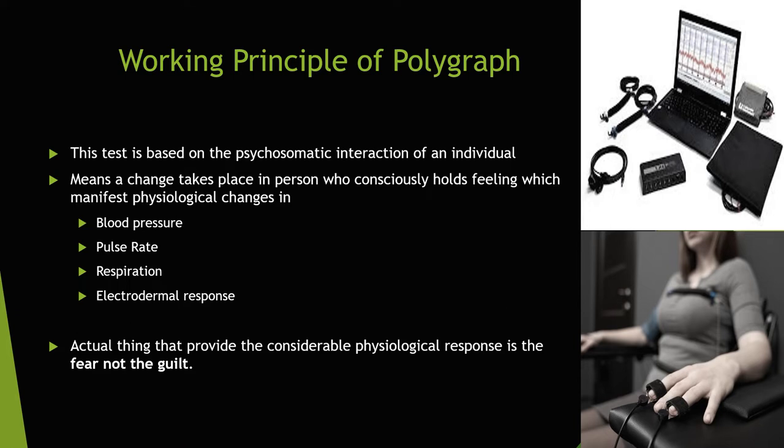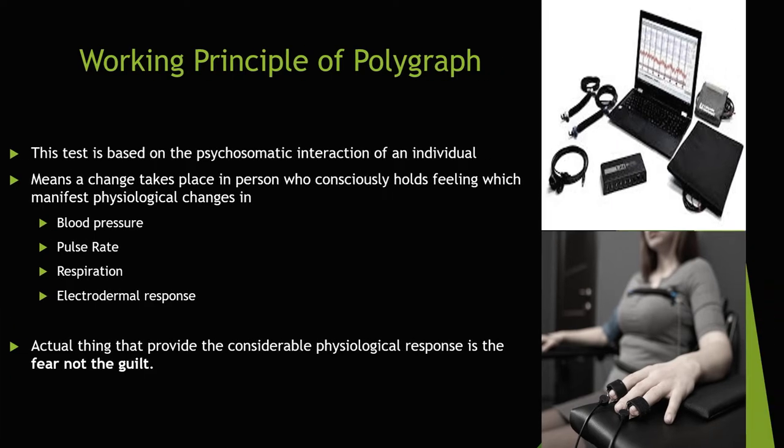When questions involving fear or some pressure points are asked of the suspect, he would consciously try to hold back his feelings, and these efforts would manifest as physiological changes in the graph shown on the computer screen. So we can detect that the person is trying to deceive. The actual thing that provides the considerable physiological response is the fear, not the guilt of the crime.